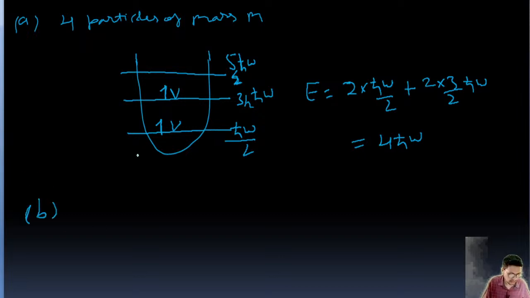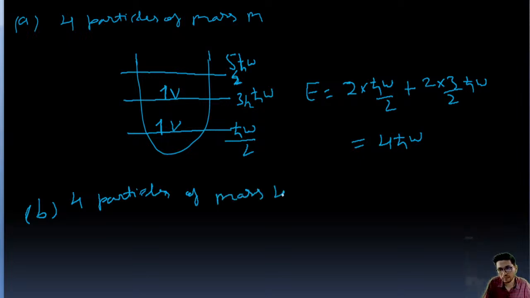Now second is 4 particles of mass 4m. This is also very simple, guys. I'm going to make this here. These are energy levels.